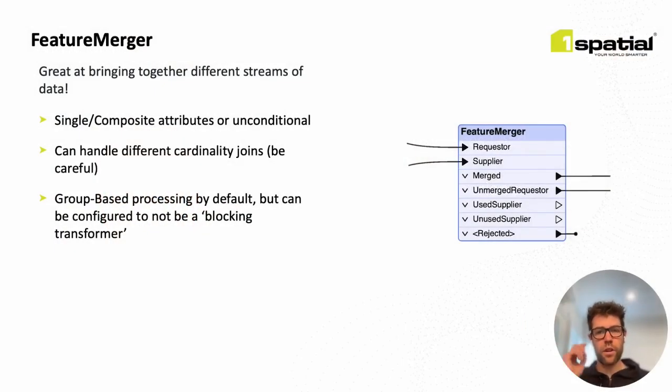Now, today I'm going to talk about the feature merger transformer because I think it's a really handy transformer for many different purposes. The main one being merging features or merging workflow. However, I think it doesn't quite meet the topic of today, which is the transformers on the fringe, because this transformer is commonly in the top 10 list of transformers based on user feedback.